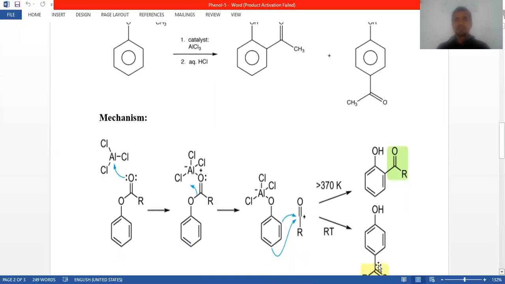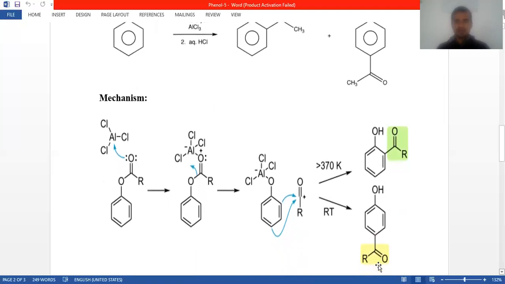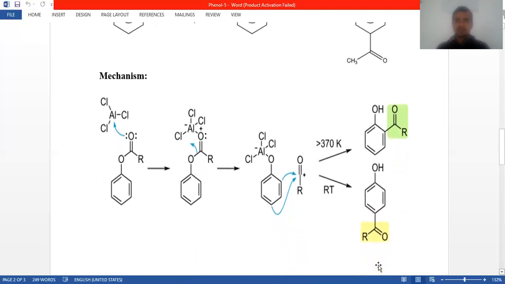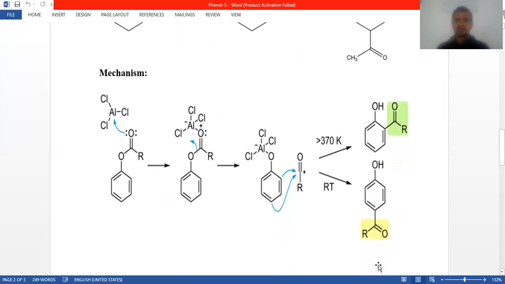That is this reaction. It is a temperature dependent reaction. So at room temperature, the carbonyl group is transferred to the para position, and at 370 Kelvin temperature, the carbonyl group is transferred to the ortho carbon atom.